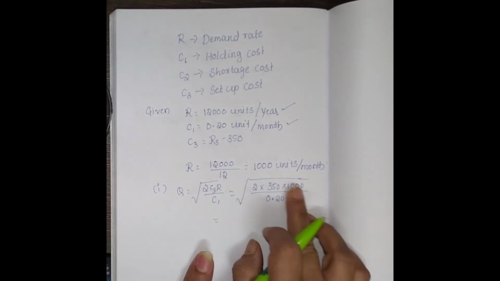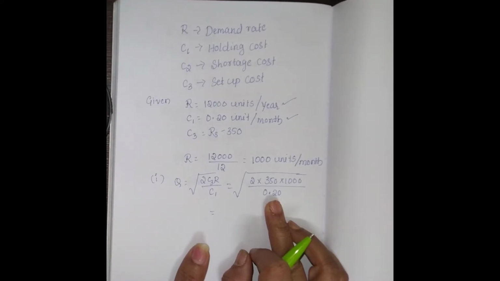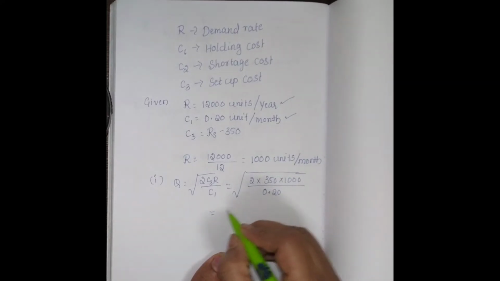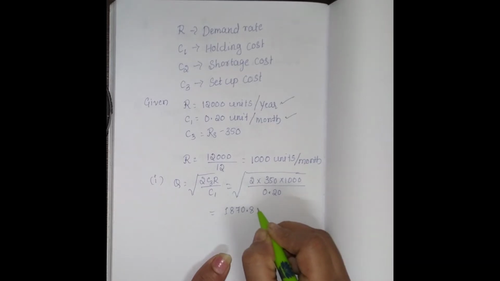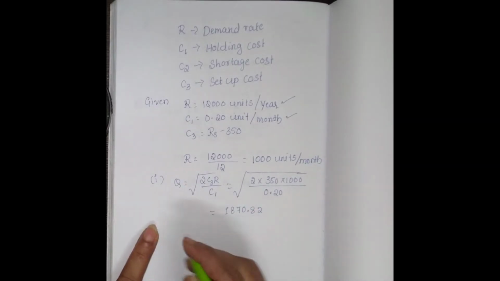Then after multiplying and dividing, don't forget to take the square root. The answer is 1870.82, that is 1871 units. Okay, that is the first one.